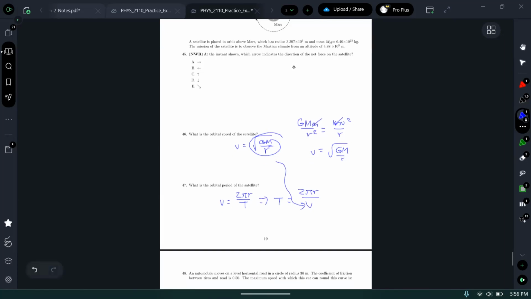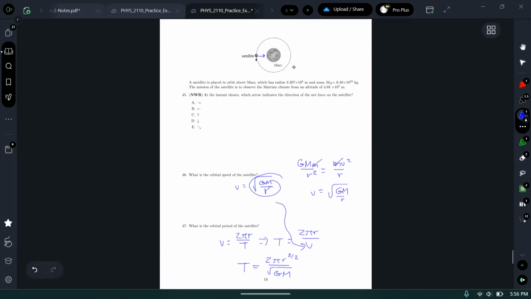And what comes out as a result is this: 2 pi r to the 3/2 over square root of g times, in this case, the mass of Mars. And r would be not the radius of Mars, but that plus this altitude, because the satellite is not on the surface of Mars. It's there, and then this additional distance, which they call the altitude above the surface, h. Those together is what you use for little r.